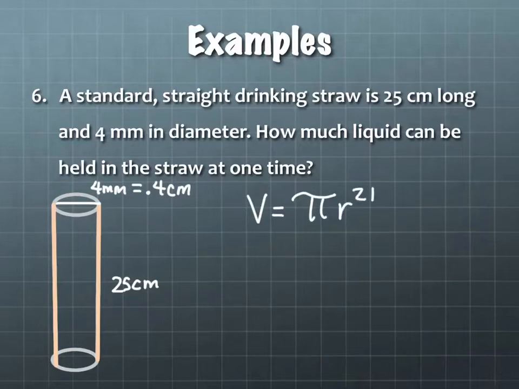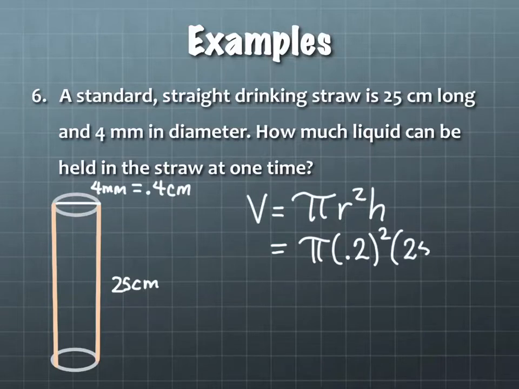Pi r squared times the height. Well, I've got the height. That's 25. What's r? 0.2. So remember, the diameter is what's given to me. The radius is what's actually needed in the calculation. So our radius in centimeters would be 0.2, and then I'd have that squared. And then my height's 25.